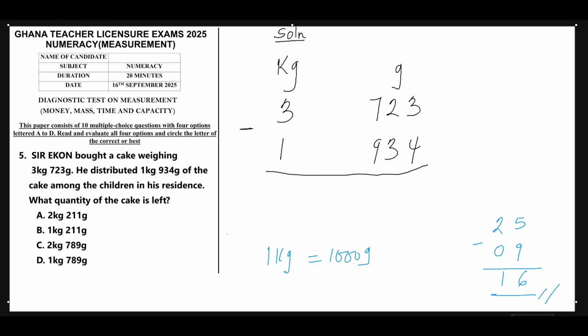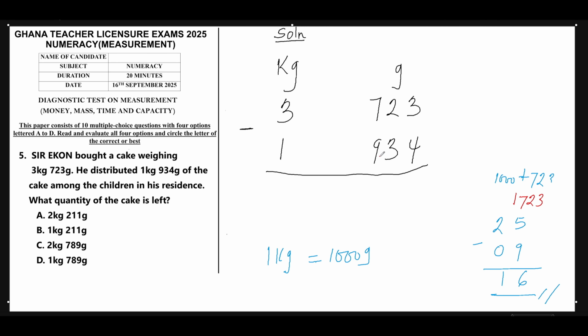So although we are borrowing 1 from the kilograms, once we get to the grams column, it becomes 1,000, and 1,000 plus 723 is 1,723. So now, instead of 723, we have 1,723.